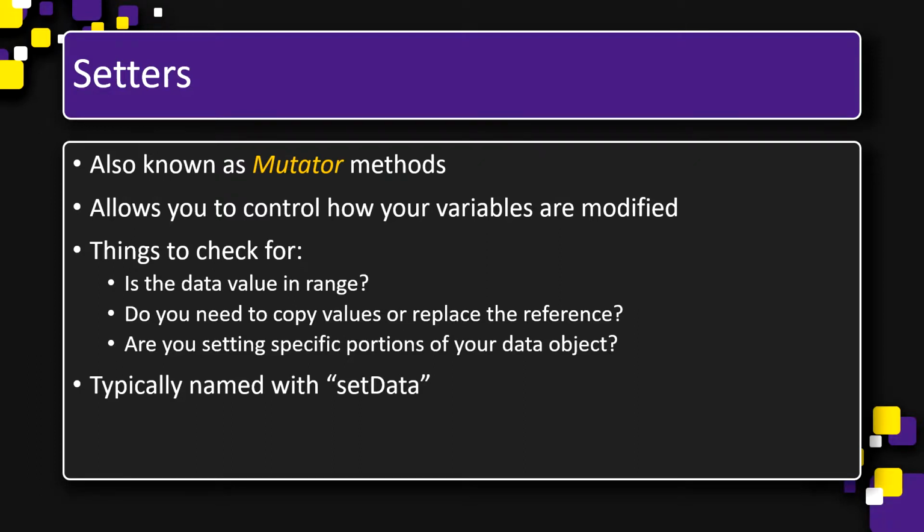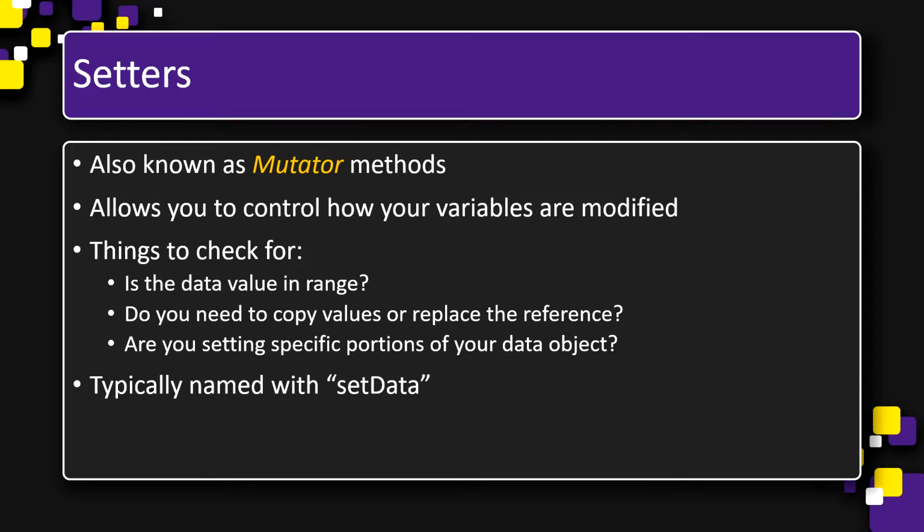So for example, if we have a person object and we have a first name and a last name, which are both strings, and let's say that one of these people that you have an object of decides to get married and they change their last name in this process. Well, that would be changing a specific portion of your data object rather than changing the entirety of it.